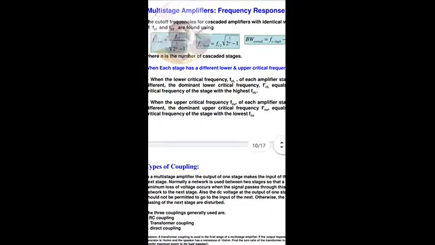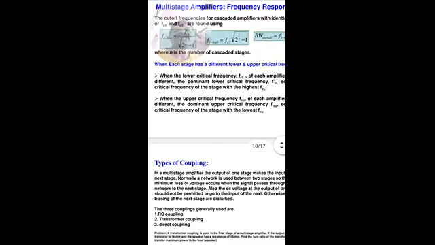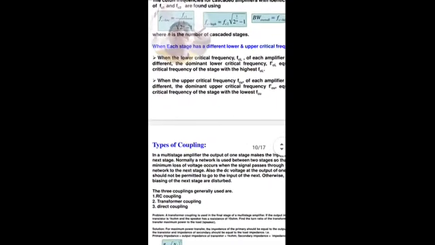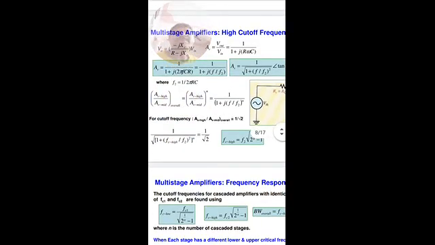And when the upper cutoff frequency fcu of each amplifier stage is different, then the dominant upper cutoff frequency fcu equals the critical frequency of the stage with the lowest fcu. So this is the frequency response of a multi-stage amplifier.